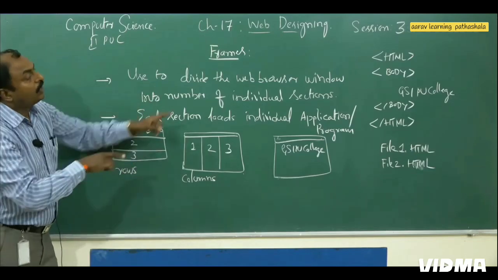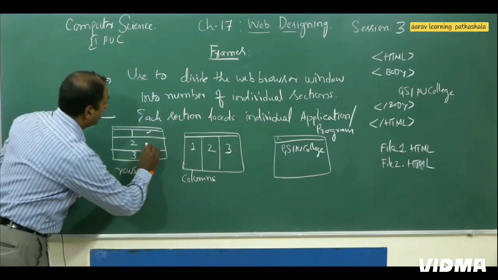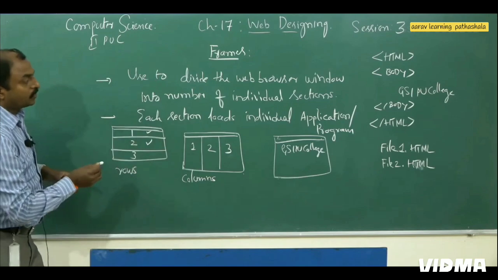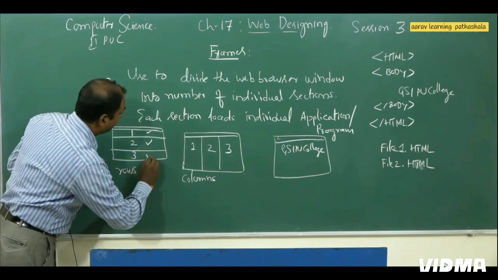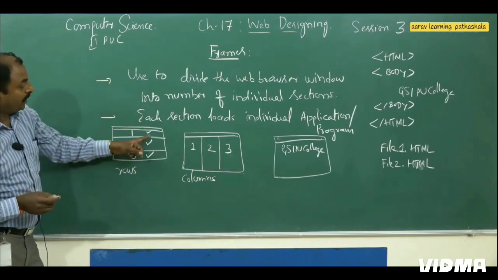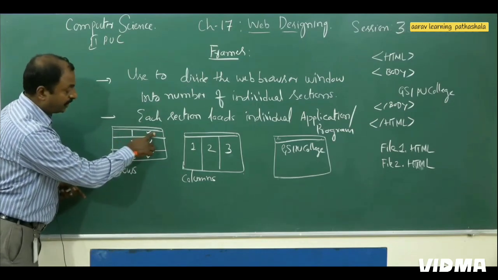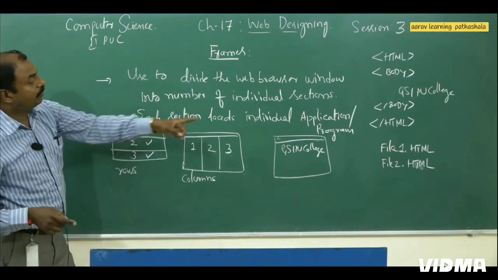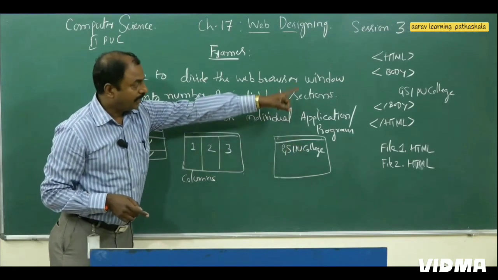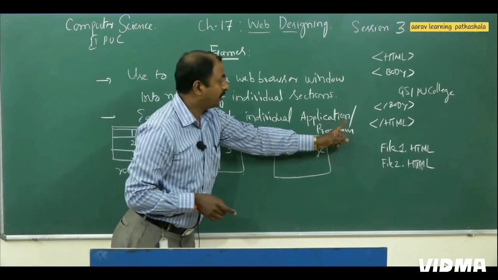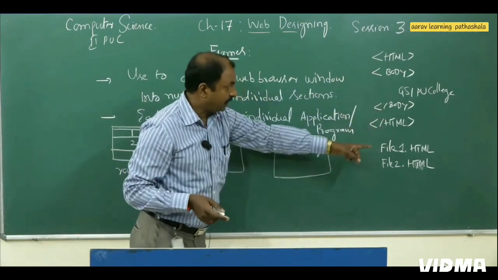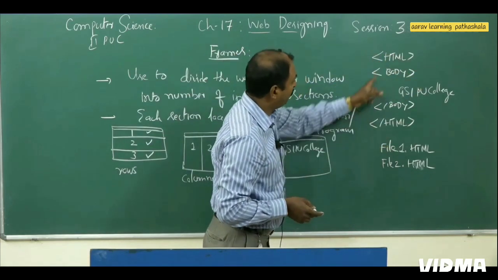Similarly, if you have written one more HTML file, that can be displayed here. So what is the meaning of this? Here, each row or each section will load a separate, individual application or program. See, this is one HTML file.